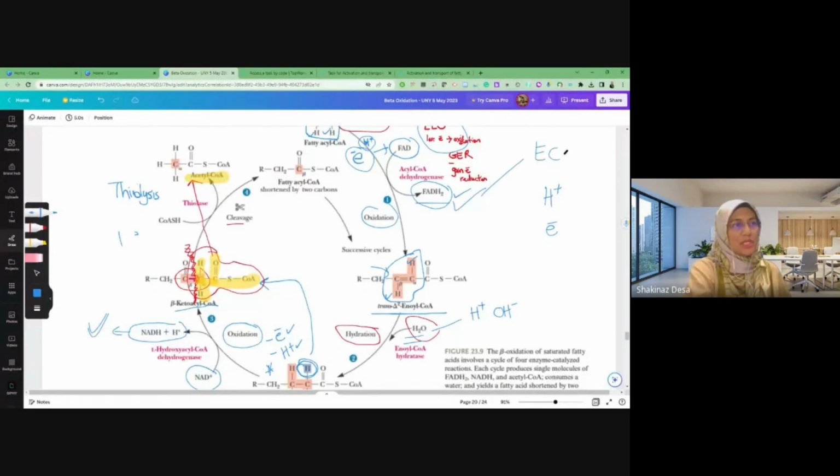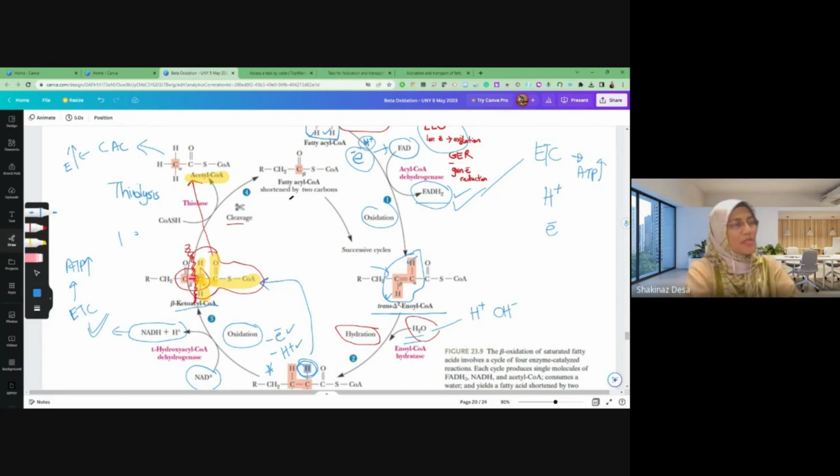It goes to ETC, or electron transport chain, or electron transport system, to produce more ATP. Okay, what happened to acetyl-CoA? It can go to the citric acid cycle, or you call it TCA, Krebs cycle, to produce more energy.